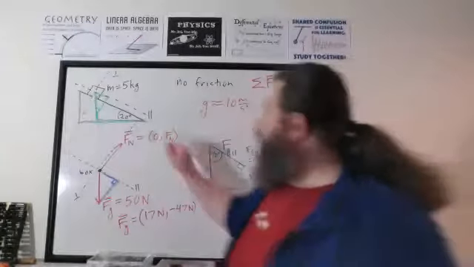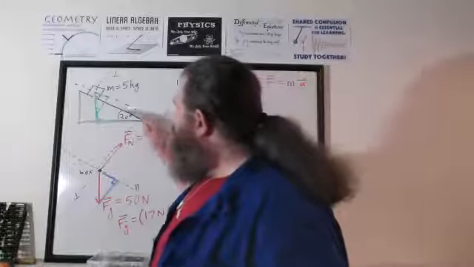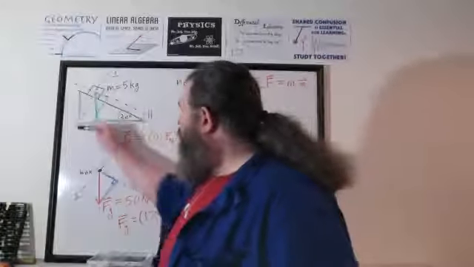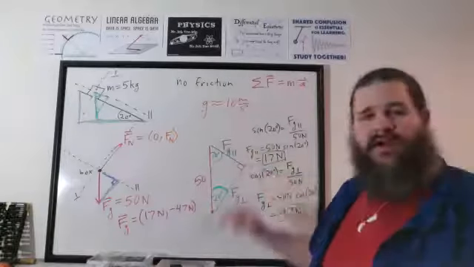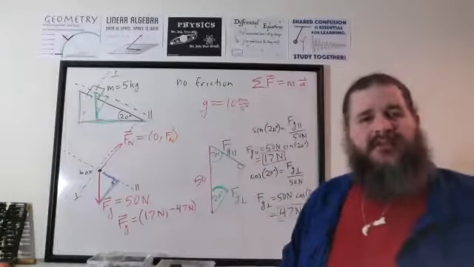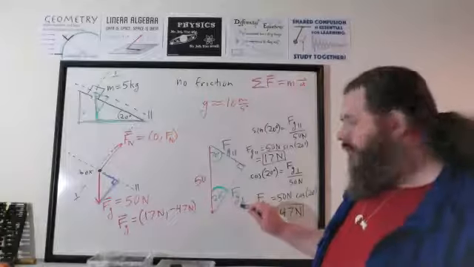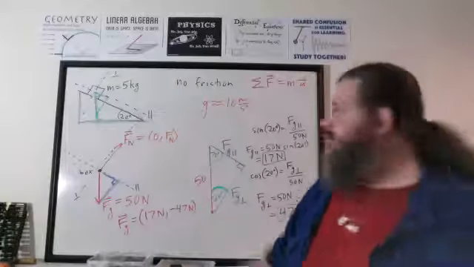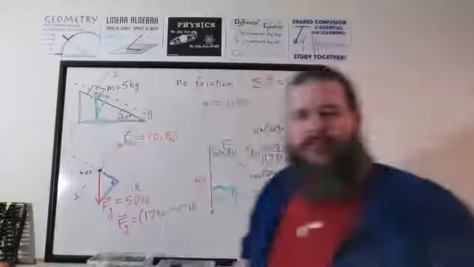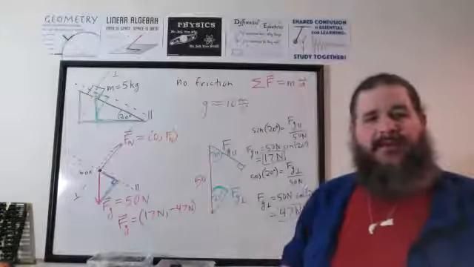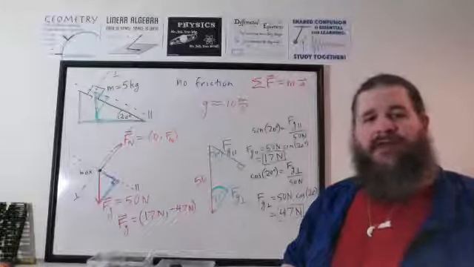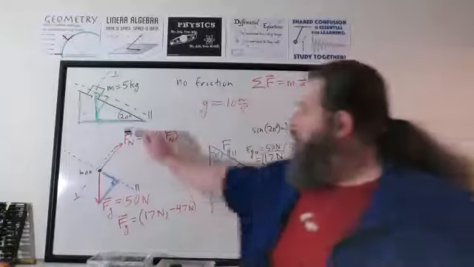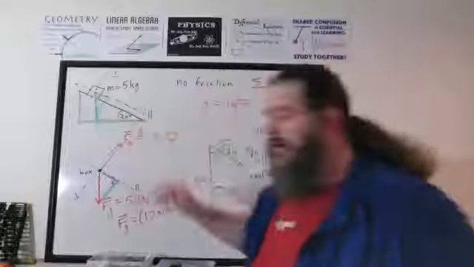So the ratio of the hypotenuse to the long side of this triangle is the same as the ratio of hypotenuse to long side of this triangle. So you could set those ratios equal to each other and solve for the one unknown side, if you know all the sides of this triangle, or at least two of them, and then you can use the Pythagorean theorem to find the third. So you don't have to know the angles. You could figure it out from these sides if you know enough of the distances on this ramp.